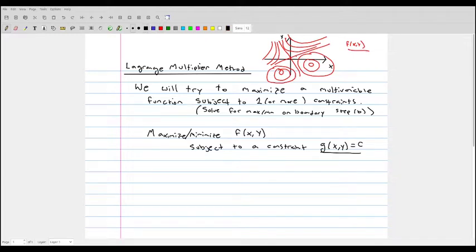Then we have some constraint curve. And this black curve is the curve g of x y equals c. So the question then is, what is the maximum of the function f subject to this constraint? That's what we're trying to answer using this method.